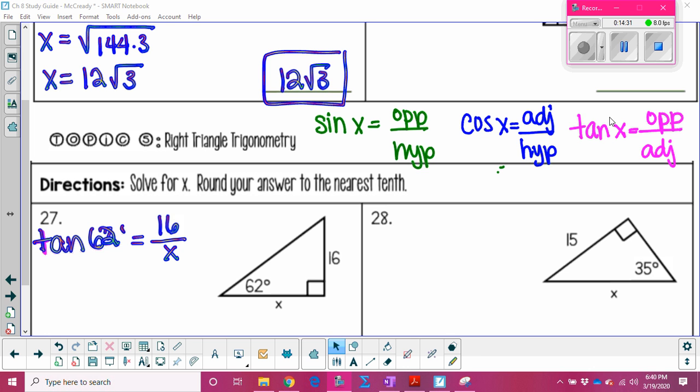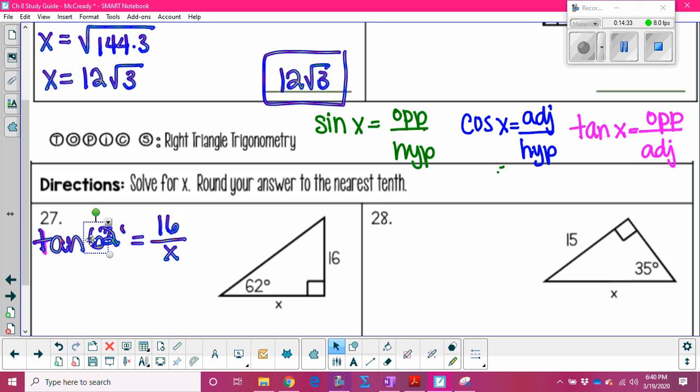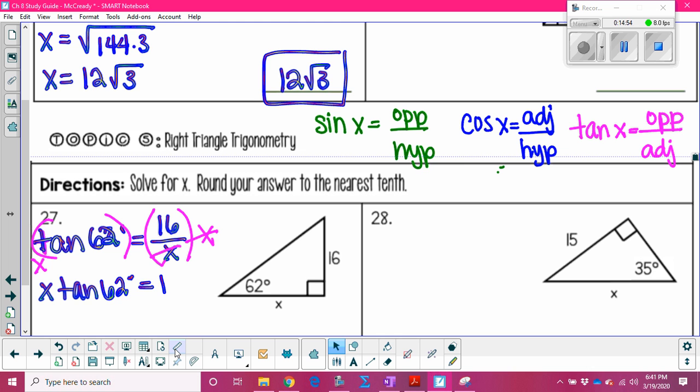Okay, so I need to multiply both sides by x to get rid of it here. Those x's cancel, and you have x tangent of 62 degrees equals 16. Okay, so again, to solve for x, I'm going to have to divide.